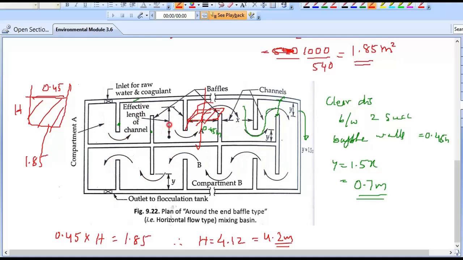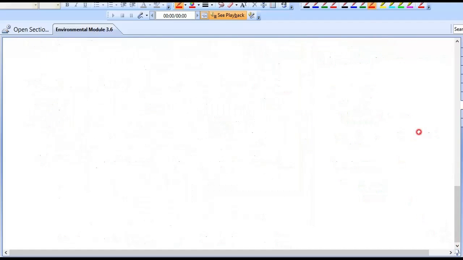It is given that for the effective length of the channel, whatever the distance is there, half of that we need to take, and here whatever the distance is there, half of that we need to take, and if we reduce this much and this much, whatever length we get, that is your effective length.